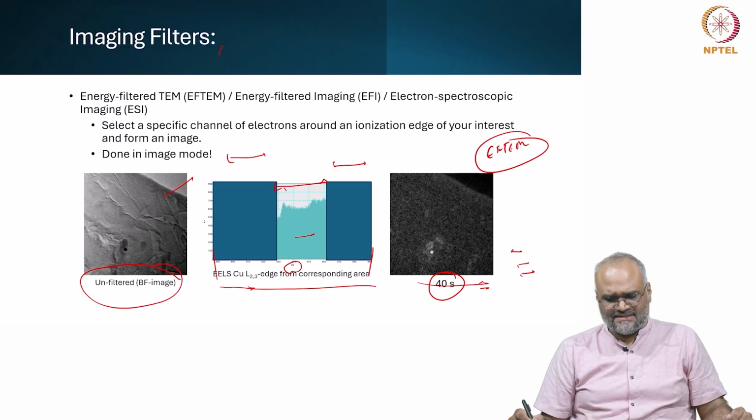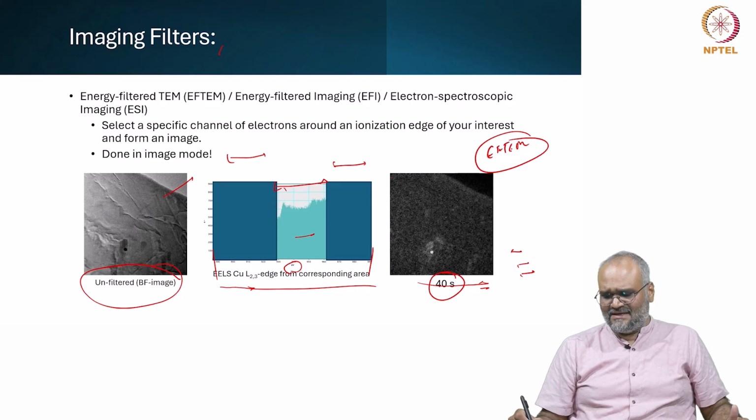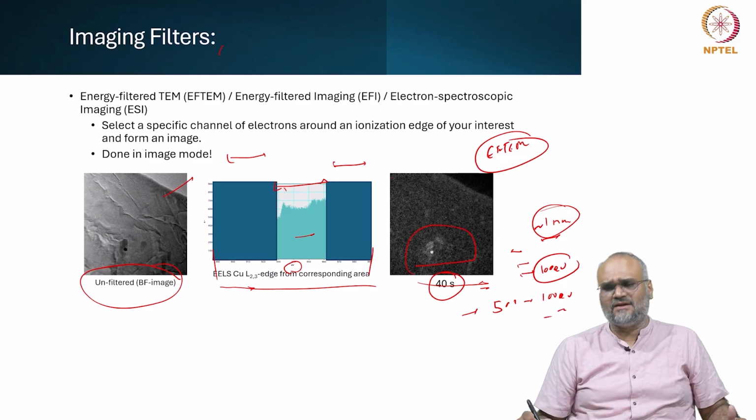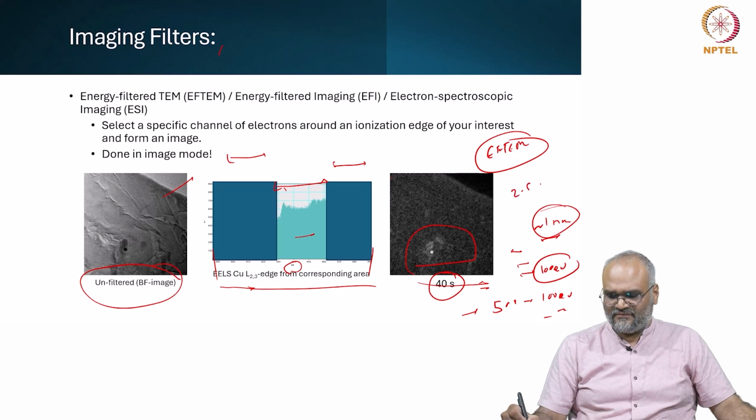But with low loss up to a 100 eV window, I can have a spatial resolution of somewhere around 1 nanometer. But as I go higher, 500 to 1000 eV, the spatial resolution of the compositional maps I get can drop down to 2 to 5 nanometers as well.